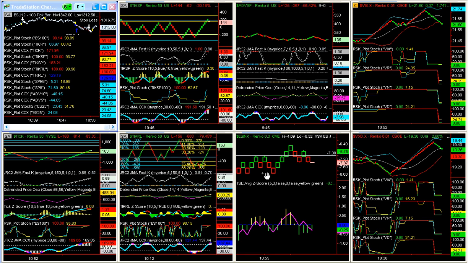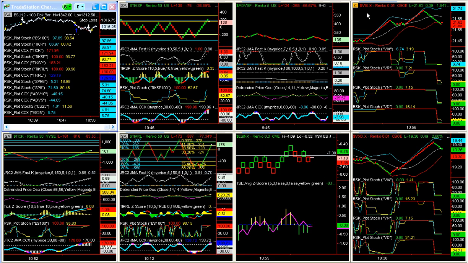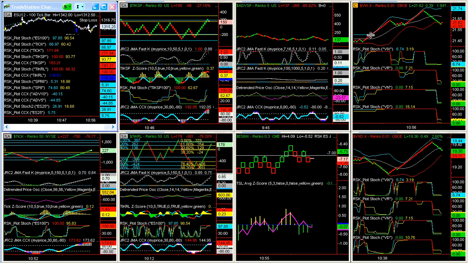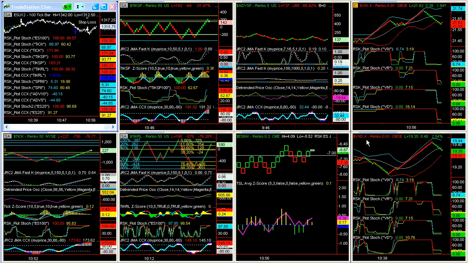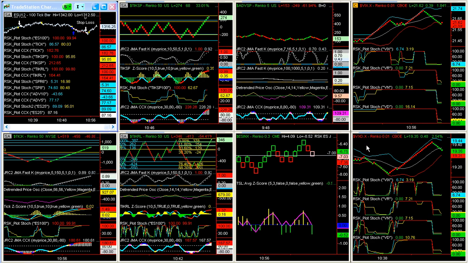And then in chart 7 and 8 we have a variety of different VIX data feeds. The VIX.X in chart 7 and the VXD.X in chart number 8.